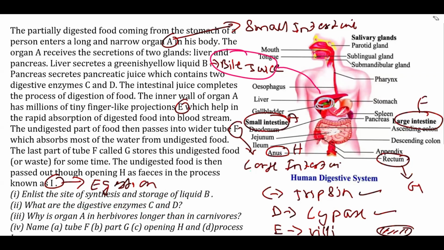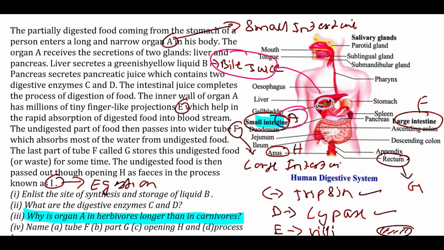Next is, why is organ A in the herbivores longer than in carnivores? So what is A here? A is the small intestine, right? And the small intestine, you know, is the organ where the final digestion of the food takes place.